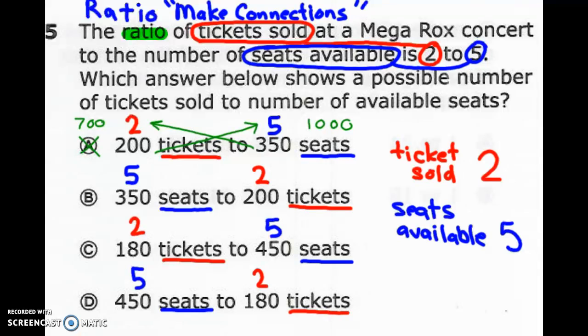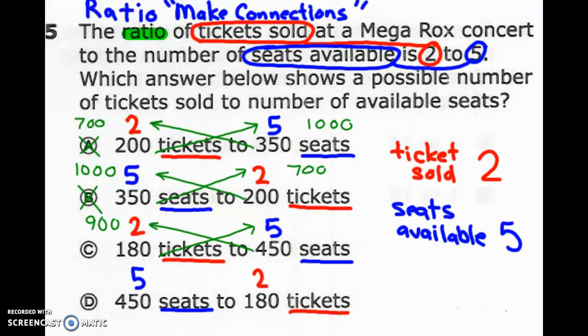The next one, 350 times 2, 700. 200 times 5, 1,000. Not the same numbers. Letter B is out. Next one, 450 times 2 is 900. 180 times 5 is also 900. So same number, this could be my answer.